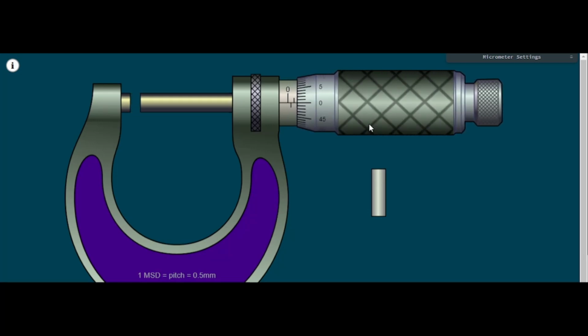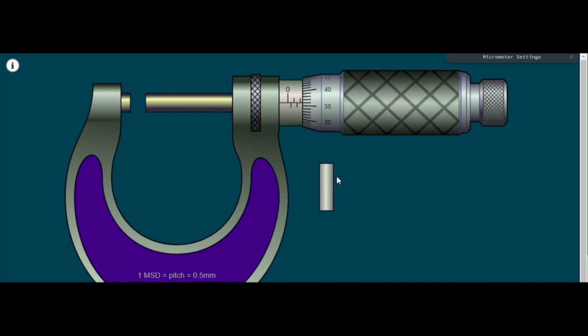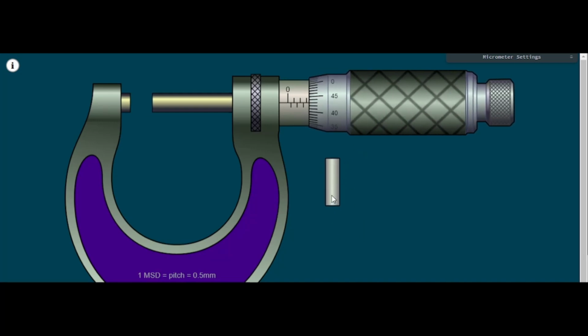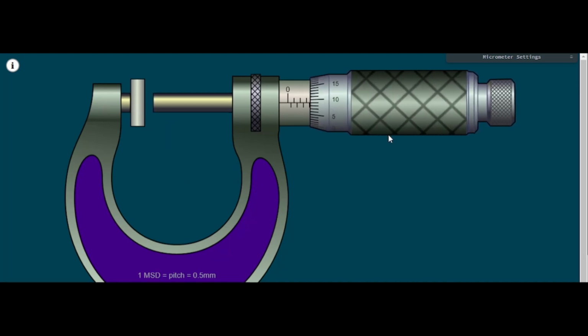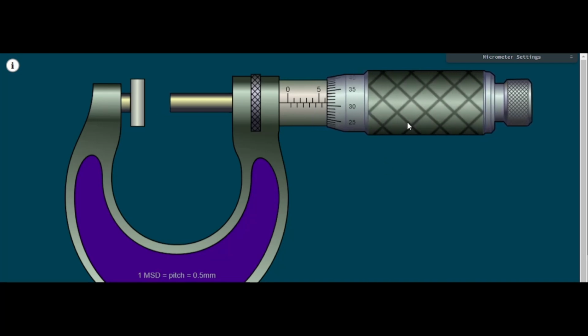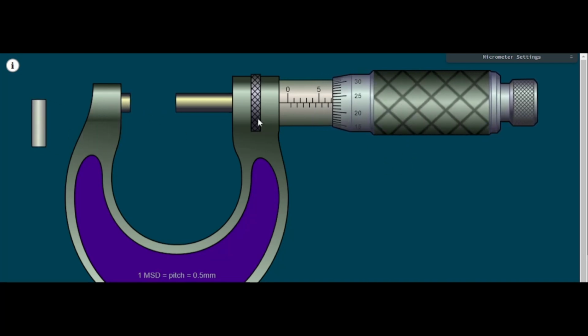If I want to measure the thickness of this small piece of metal, I can place it between the anvil and the spindle. Then let's close the gap. Before closing the gap, let's also look at what the main scale reading is. Here in the main scale, every graduation is 0.50 millimeter.